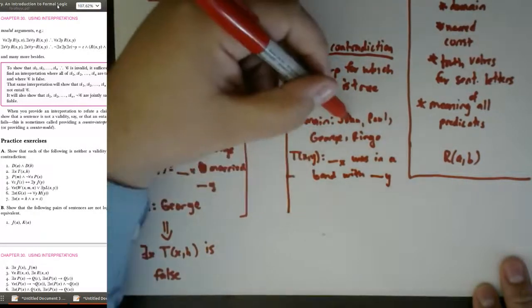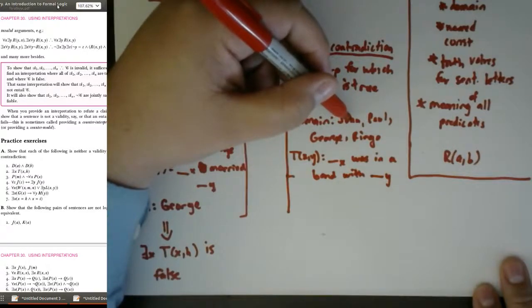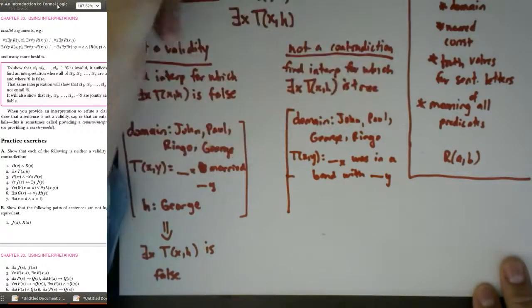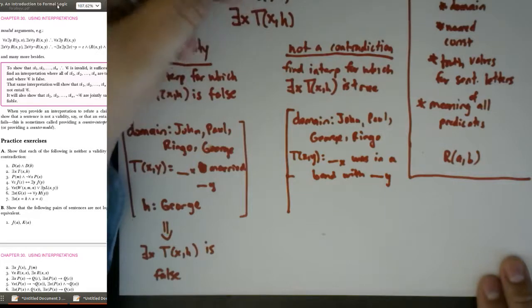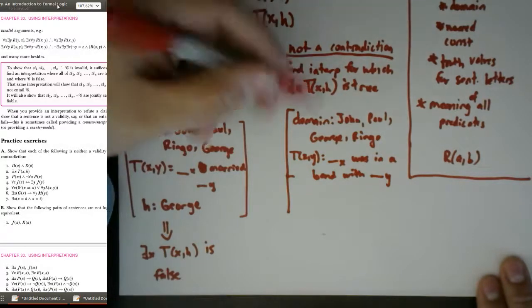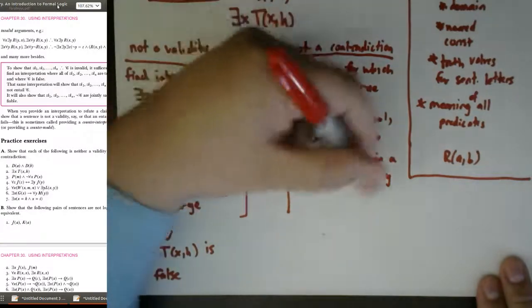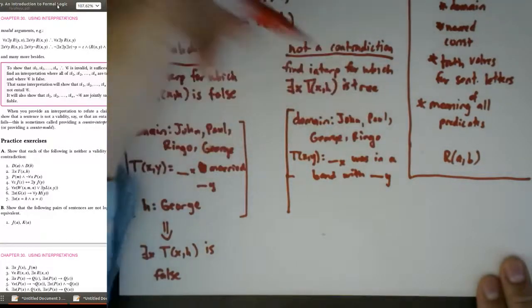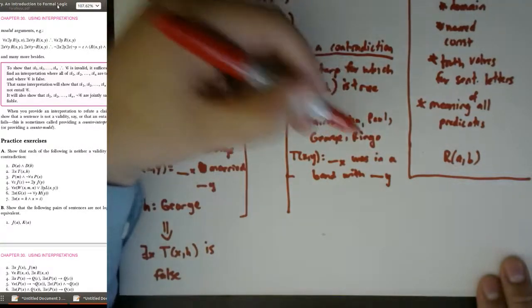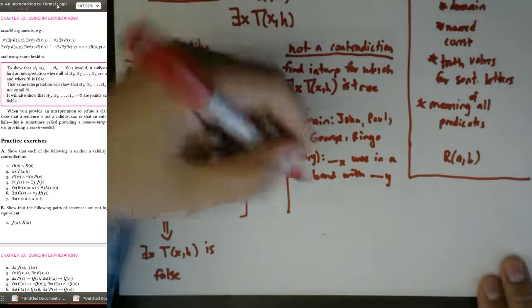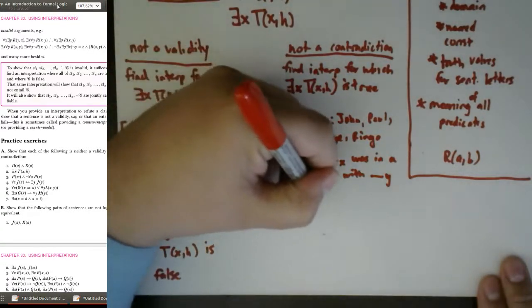Now I could put John Lennon, Paul McCartney, and so on to make clear it was the Beatles, but when we're assigning the truth values here, we're understanding that these were the Beatles, and so these are the four people in the band, the Beatles. Okay, and H is again going to be George.